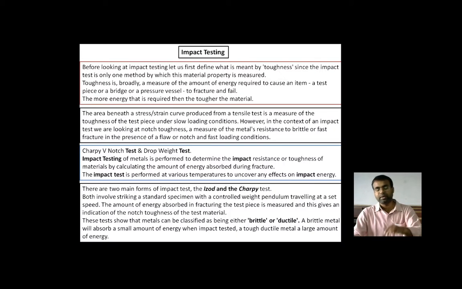So that is the point defining how we categorize ductile and brittle material. Obviously brittle material will absorb a small amount of energy because it does not possess that kind of ductility, and ductile materials have a tendency to elongate, and that is how they absorb a large amount of energy.